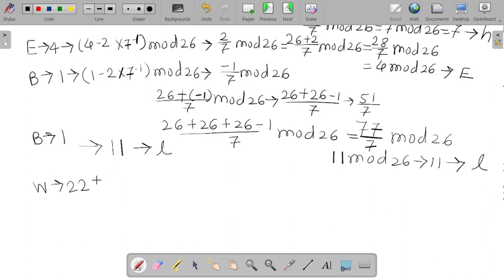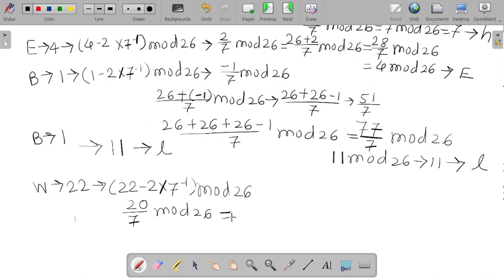Now we have to calculate it for W, which is equal to 22. For 22, we write 22 minus 2 into 7 inverse mod 26. 22 minus 2 is equal to 20, and 20 divided by 7 mod 26. 20 is again not divisible by 7, so we have to add 26 to it, and check how many times we must add 26 until the number is divisible by 7.